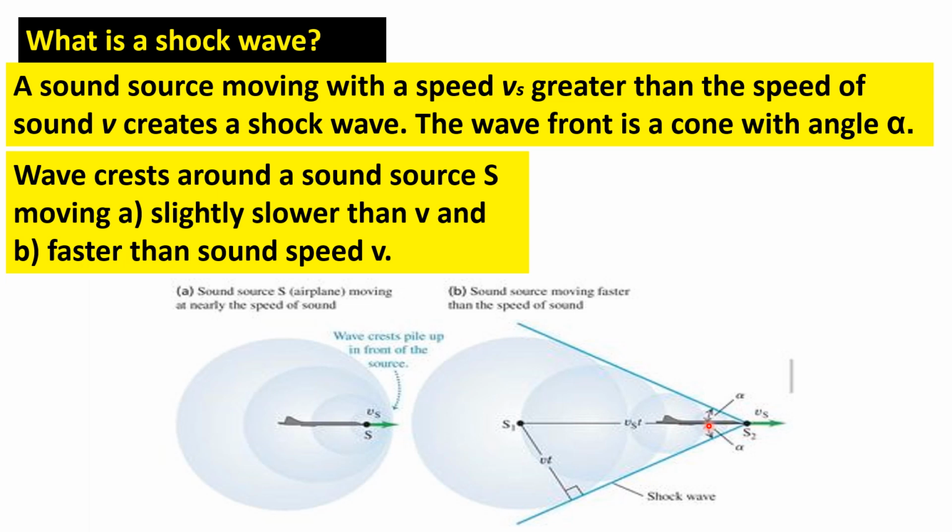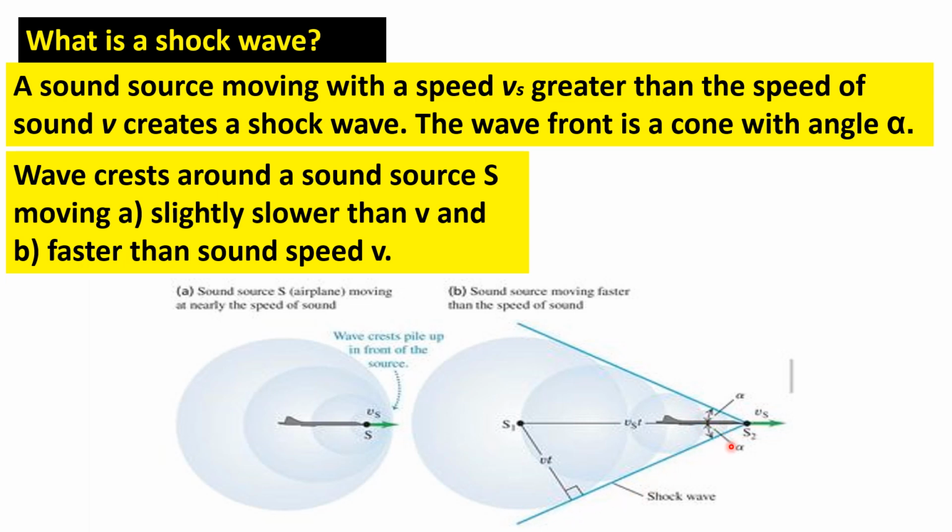Take note that shock wave is not only produced at that instant when the airplane breaks the sound barrier. Okay? More and more shock waves are produced for as long as the airplane is moving faster than the speed of sound. And the net effect is to produce this wavefront colored green.